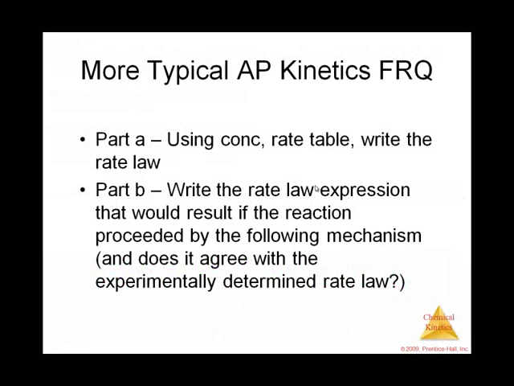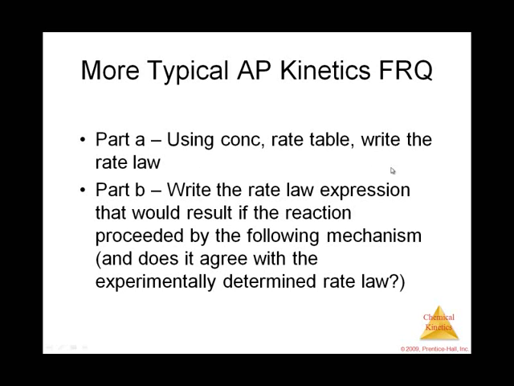Most typical free response questions on kinetics on the AP exam are going to have you do the whole shebang. So you're going to start with maybe part A and part B, which tells you you've got this reaction. It gives you a concentration rate table. You have to determine the rate law. Remember, that's where you double the concentration of one reactant, leave the other one constant, look at what happens to the rate, and determine the order, which becomes your exponent.